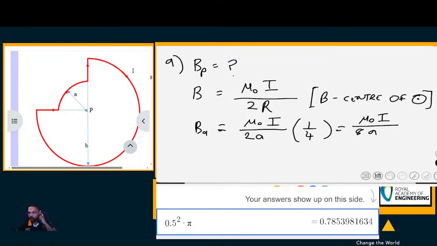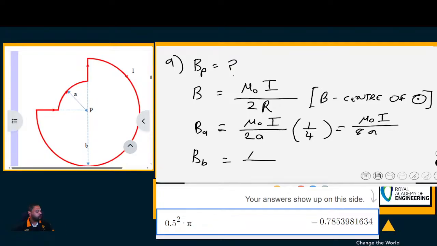Now of course you can use the right hand rule to see that the current in this case is pointing in that direction, so the magnetic field is going into the page at point P. Now the magnetic field due to the circle of radius b, we use the same formula, mu naught times I over 2r.